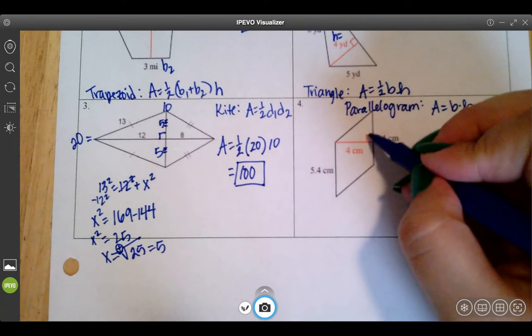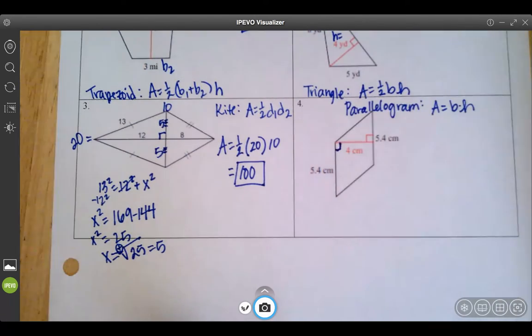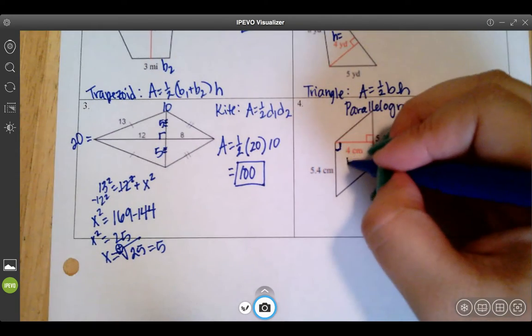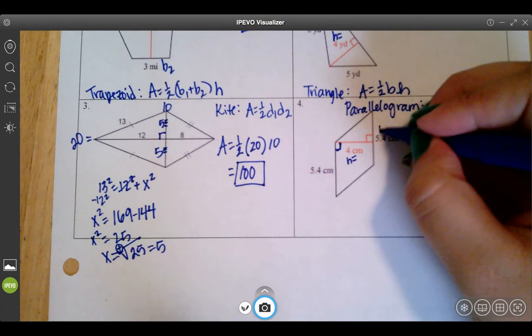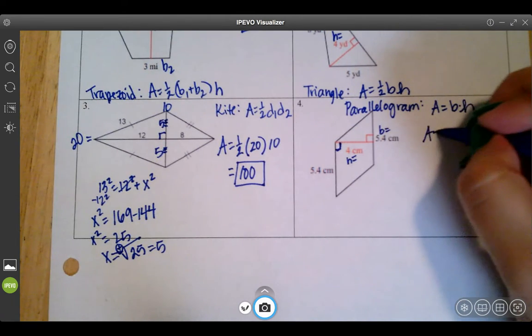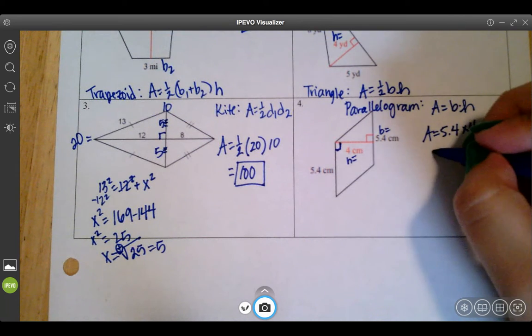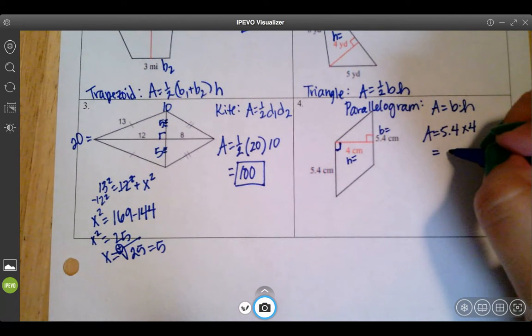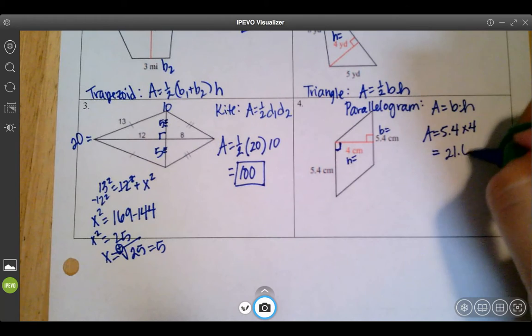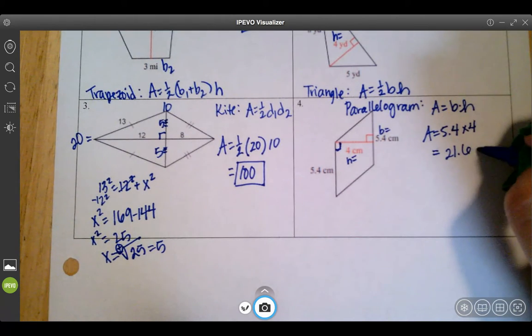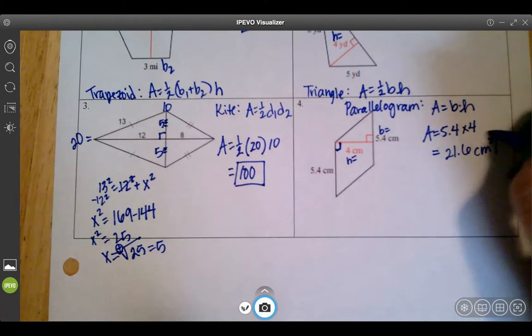Well, this is perpendicular, but that also means this is perpendicular because of alternate interior angles. It doesn't matter which one we choose as the base, they have the same value. But this is definitely our height. So area equals 5.4 times 4 equals 21.6. This is centimeters squared.